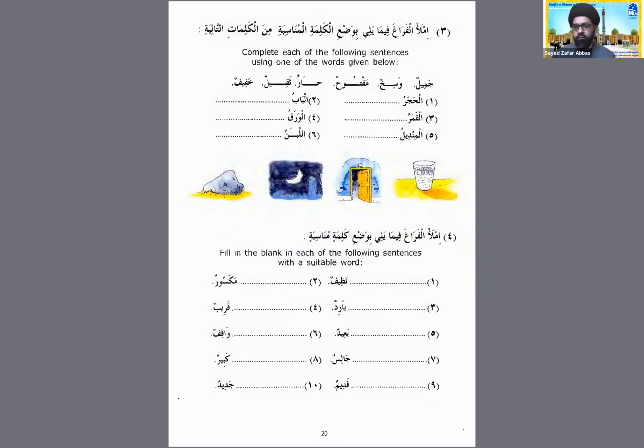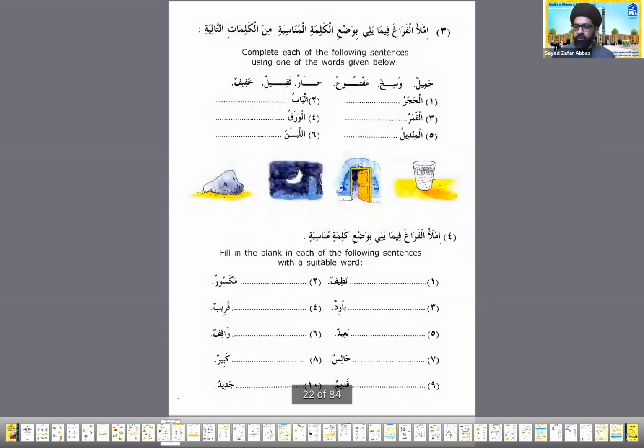So al-hajaru, al-hajar, stone. Which word do I think will go with al-hajar? We have jamil, we have wasikh, we have maftuh, we have har, we have thaqil, and we have khafi. Now al-hajar is stone, so I know that stone has some characteristics, some properties. What is a stone?